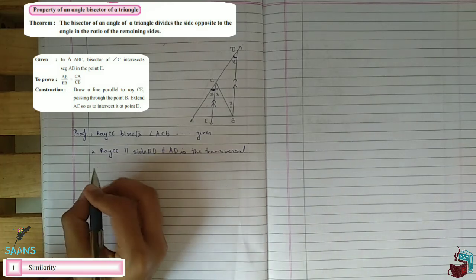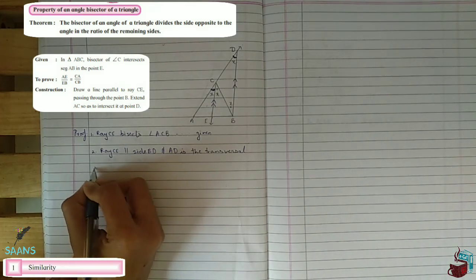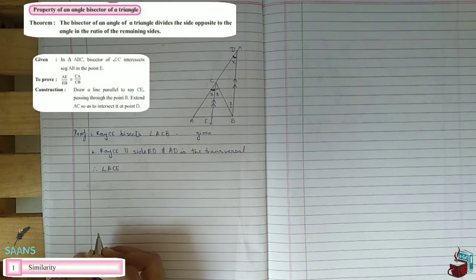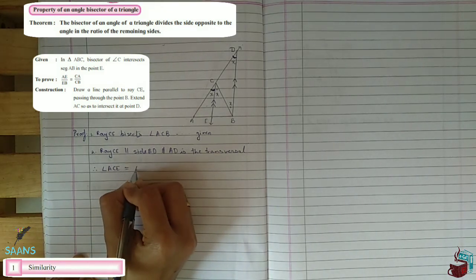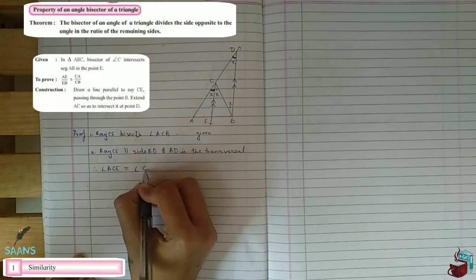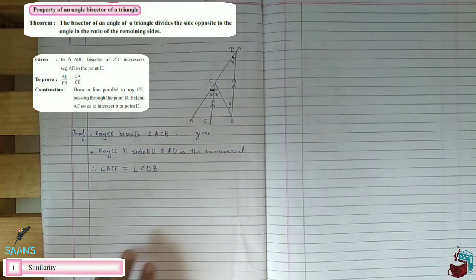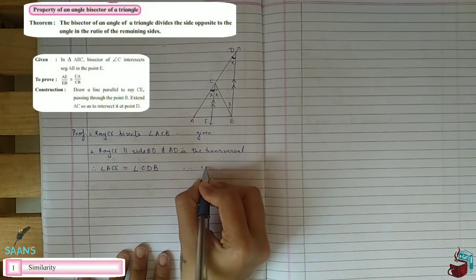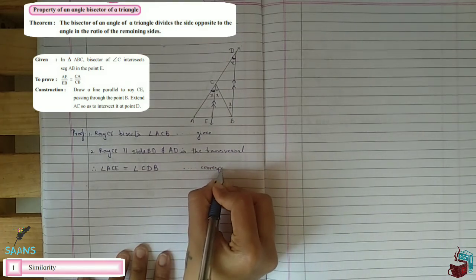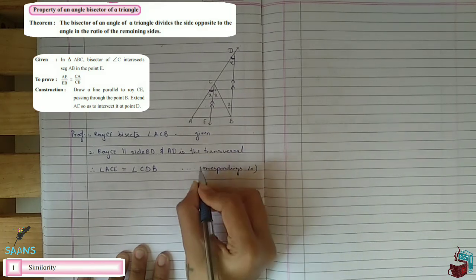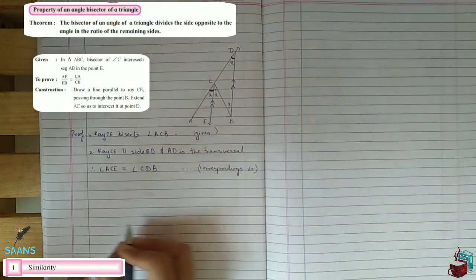So you have to write, therefore angle ACE is congruent or equal to angle CDB. See, I have written X and X. Corresponding angles. So these are corresponding angles.